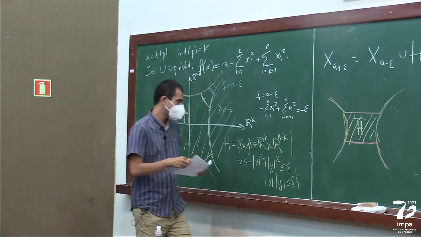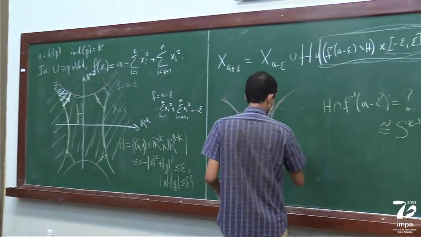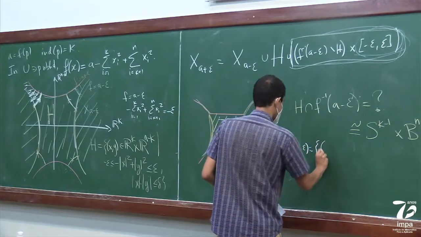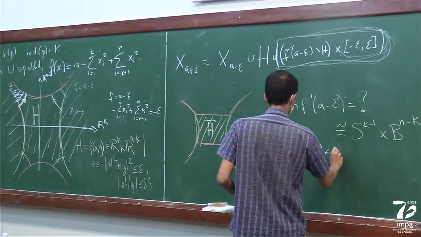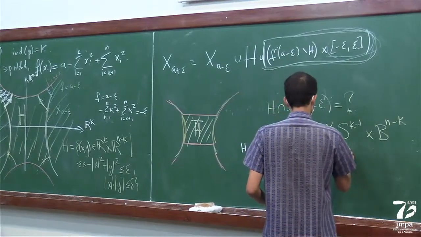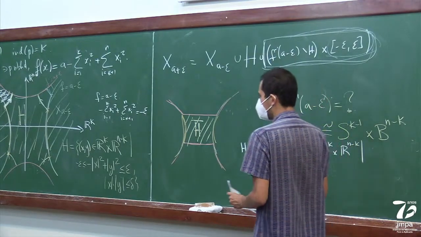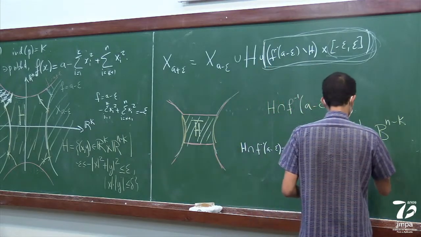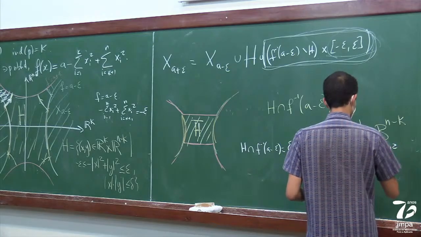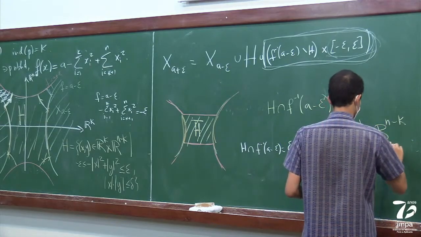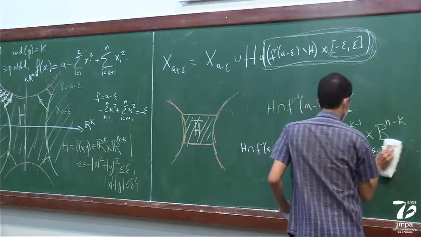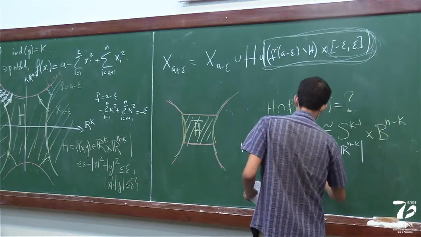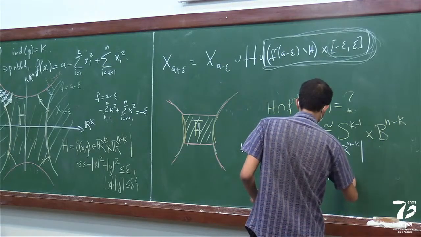So basically, this is the set of points xy in Rk times Rn minus k, such that minus epsilon is equal to minus norm of x squared plus norm of y squared.